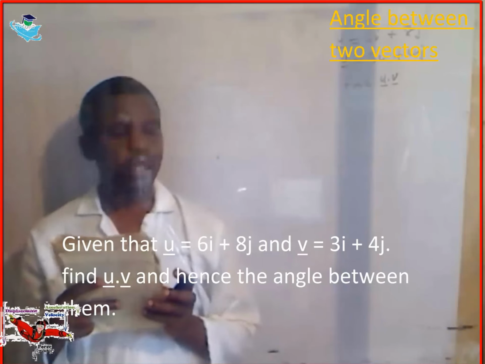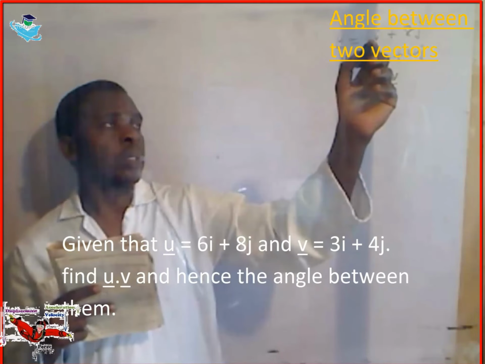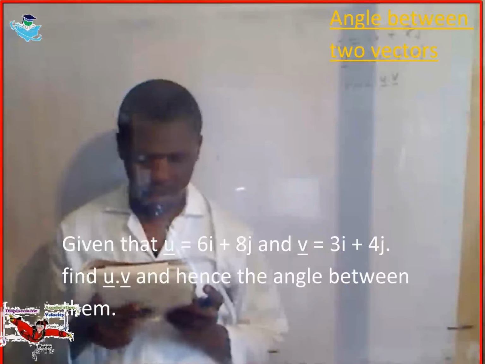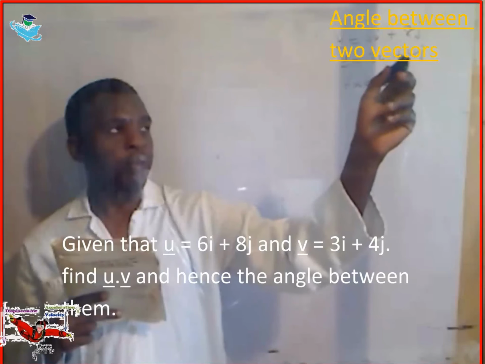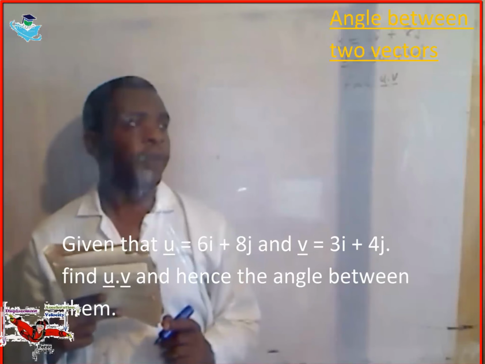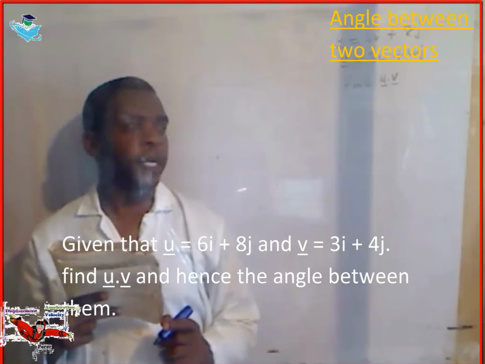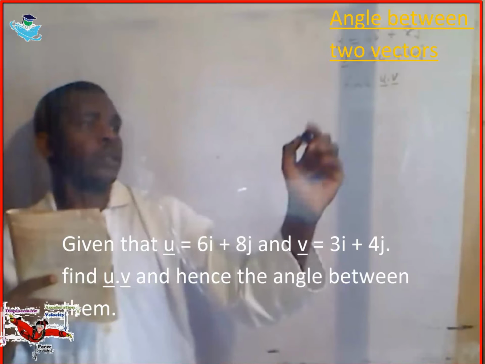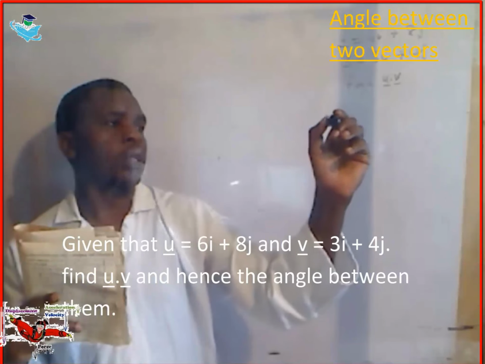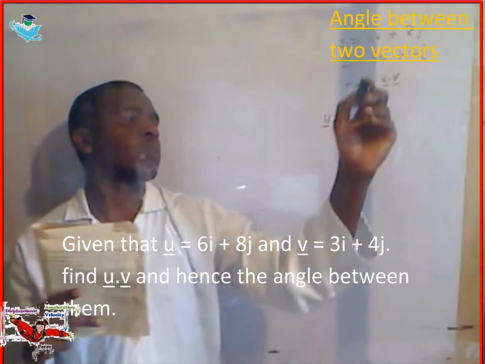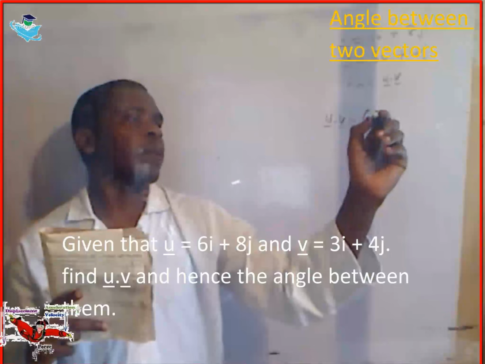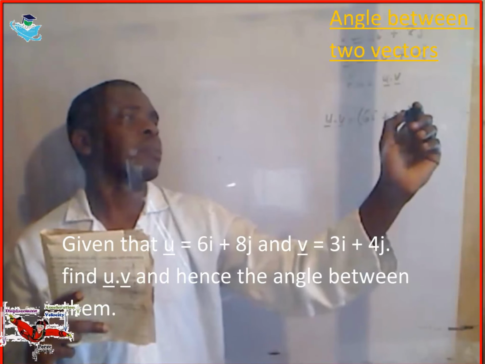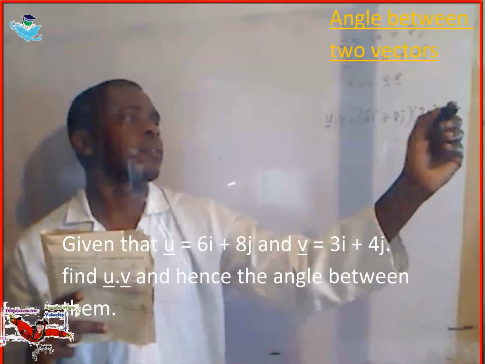Given that the vector u is equal to 6i plus 8j and the vector v is 3i plus 4j, find u dot v, hence find the angle between them. So u dot v is equal to 6i plus 8j times 3i plus 4j.